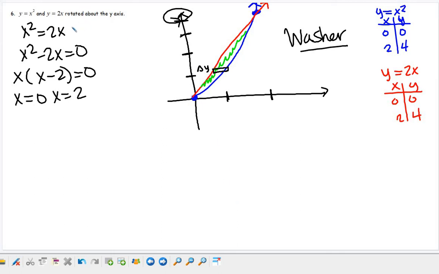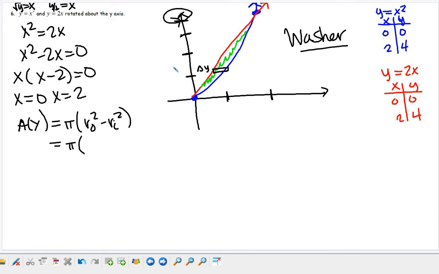So that means I'm going to have, this one is going to be the square root of y is equal to x, and this one is going to be y over 2 is equal to x. So A of y is equal to pi times outside radius squared minus inside radius squared.